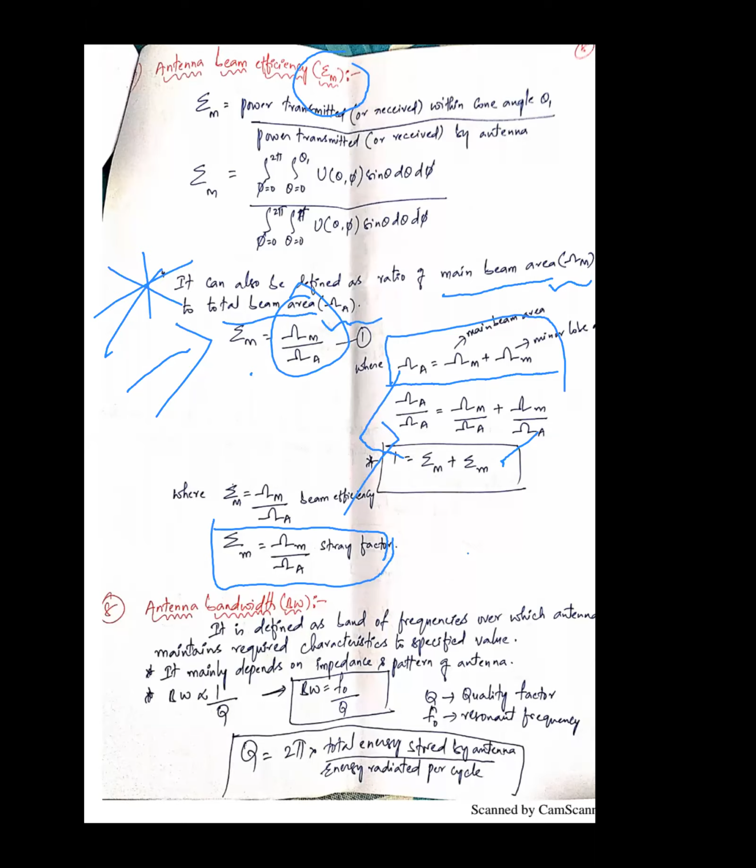Now, this equation you are dividing on both sides with omega suffix A. Now, you will get this equation.